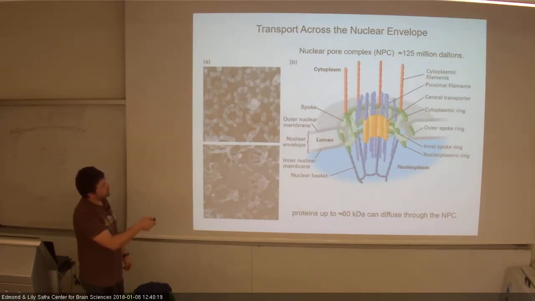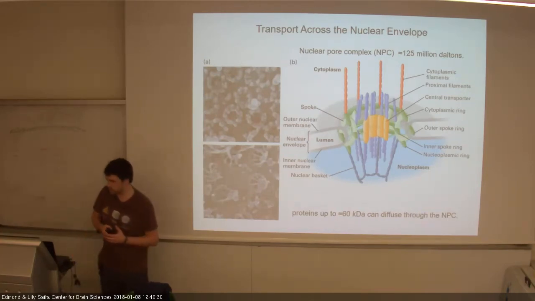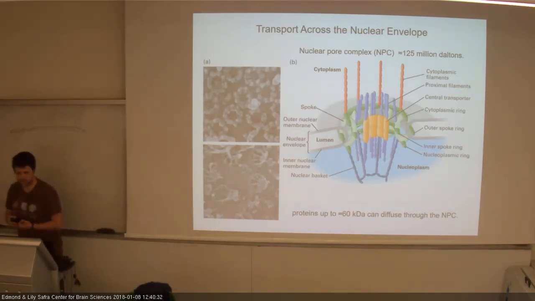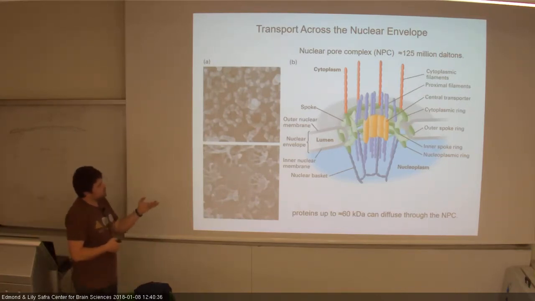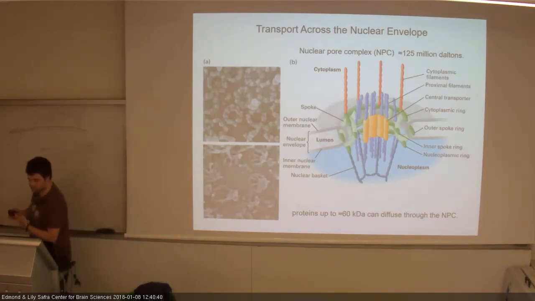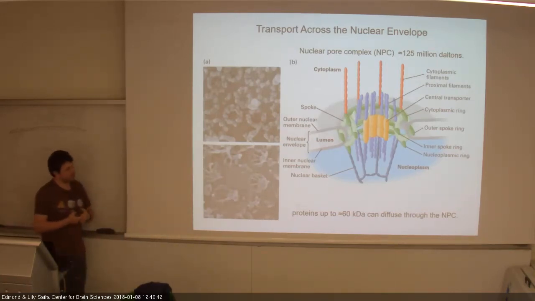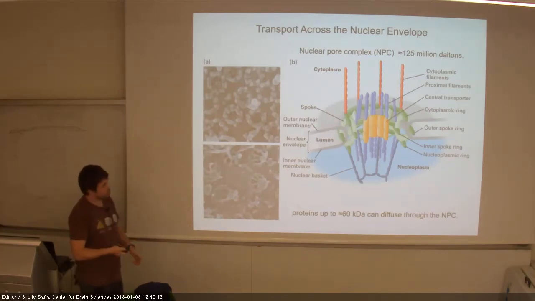On one side they have this cytoplasmic filament, like you can see here, and on the other side they have this nuclear basket. Basically, it's a huge complex made of many types of proteins, and most of them are in charge of acting like a gateway or bouncers, or security agents, to make sure what is entering the nucleus and what is exiting the nucleus.